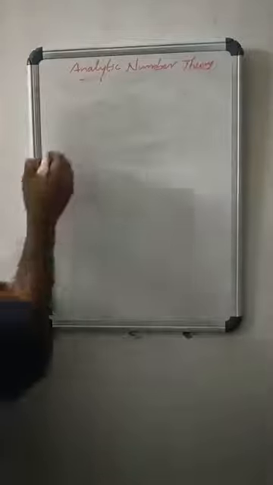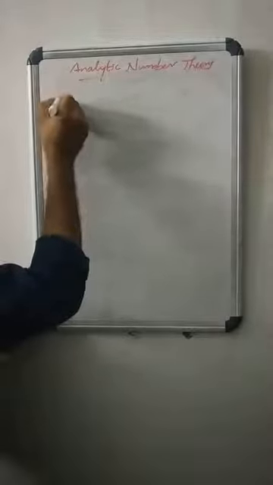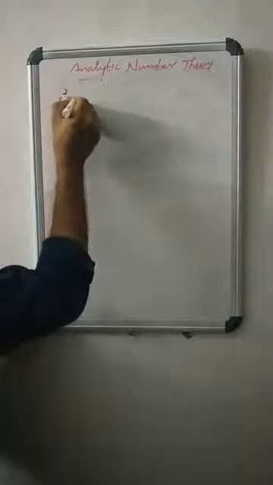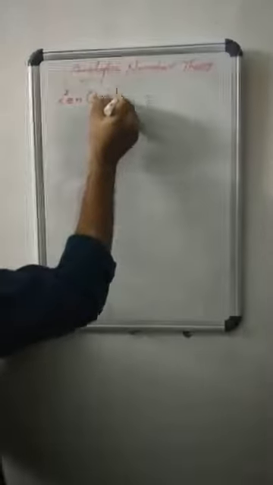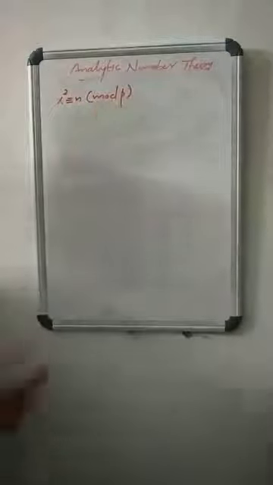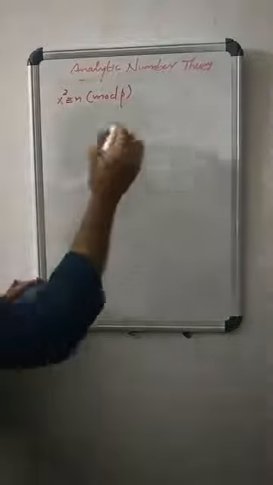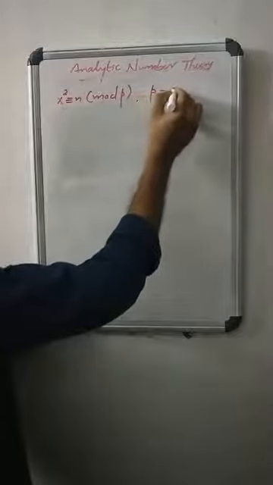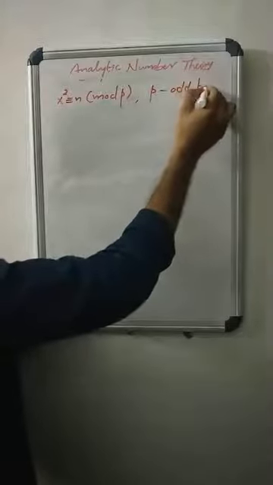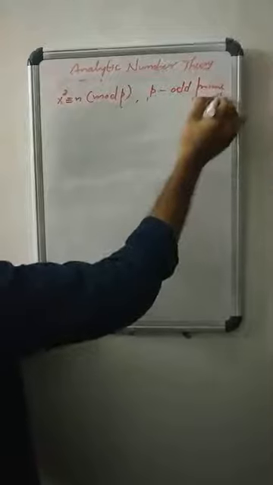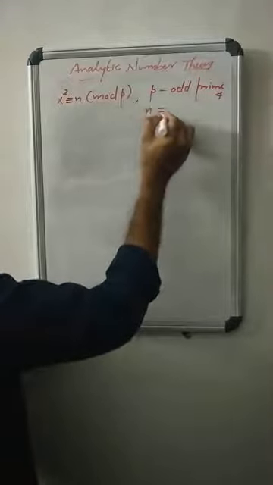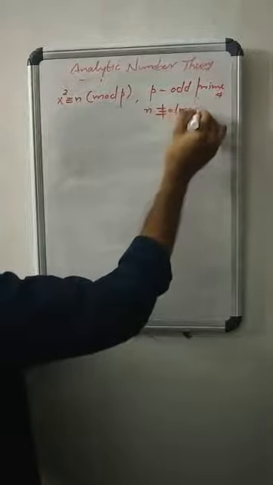So, consider a congruence of the form x squared congruent to n mod p, where p is an odd prime and n is incongruent to 0 mod p.